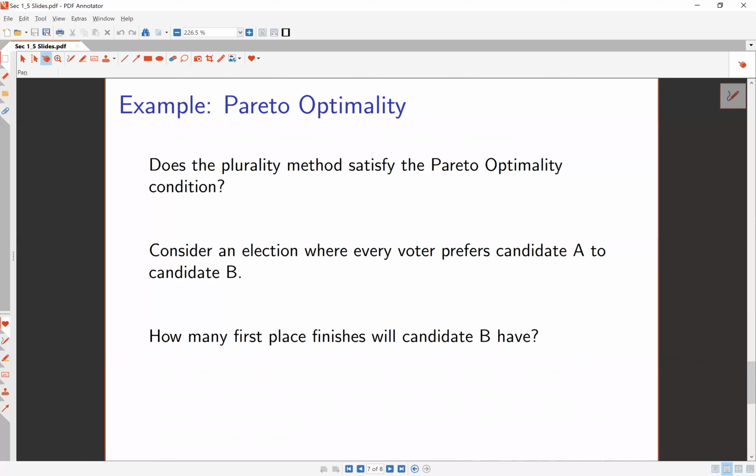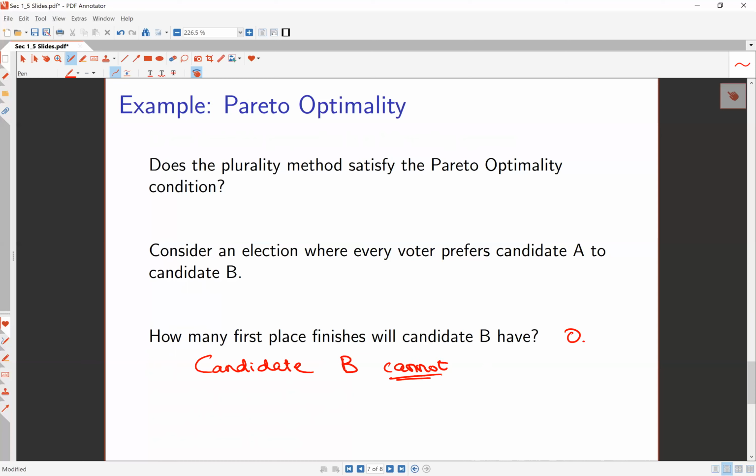And so candidate B will have 0 first place finishes. So we can't guarantee that candidate A wins the election, but candidate B cannot win the election.